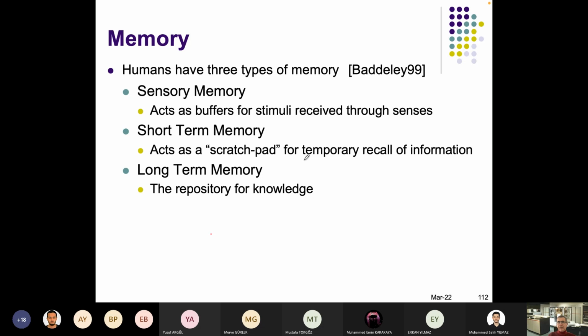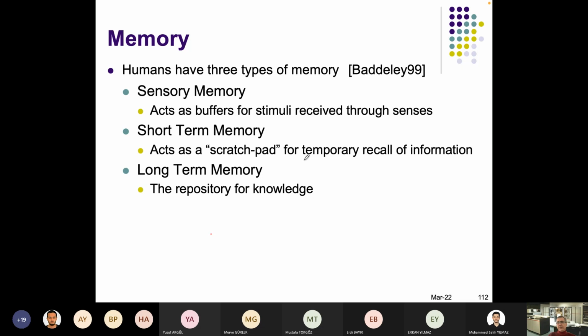We have three types of memory in our brains and sensory systems. The first one is the sensory memory. Second one is the short-term memory. Third one is the long-term memory. Sensory memory is the kind of buffer, usually directly connected to our sensors in our body.